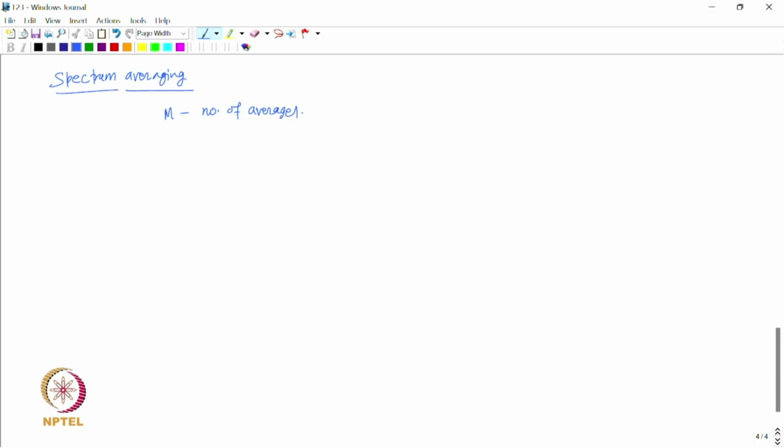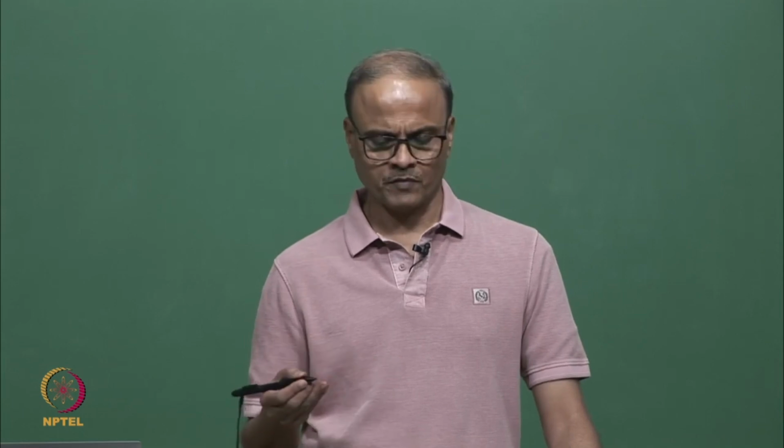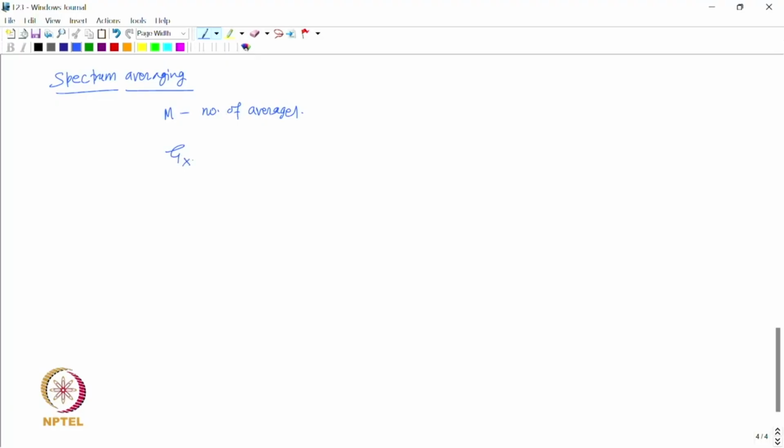Now we find the auto and cross spectrums based on averages of the different auto and cross spectrums corresponding to different measurements. Therefore, we write the auto spectrum of X as 1 by m times the sum of X star omega, corresponding to the jth measurement, X j omega, where j varies from 1 to m.